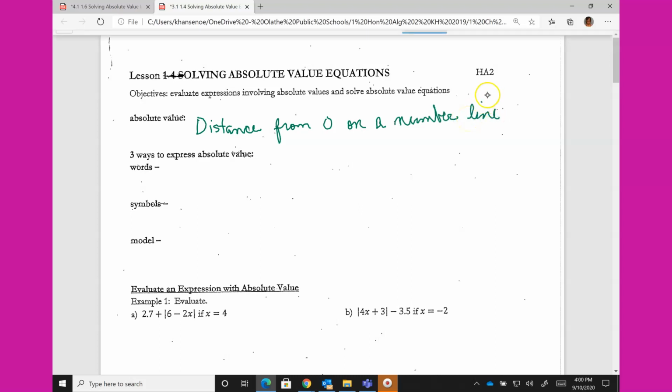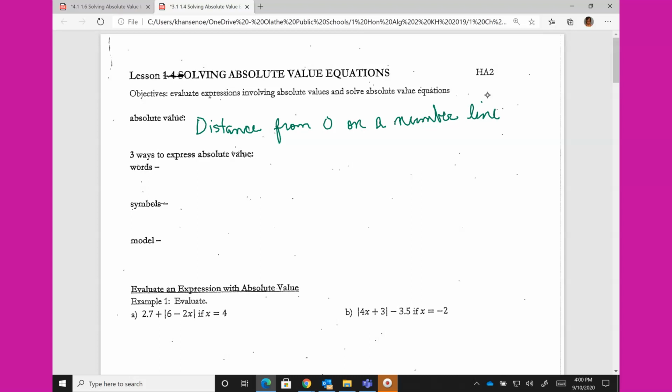Okay, so what does that mean? That means I can never have a negative absolute value because it's a distance. Distance can't be negative.